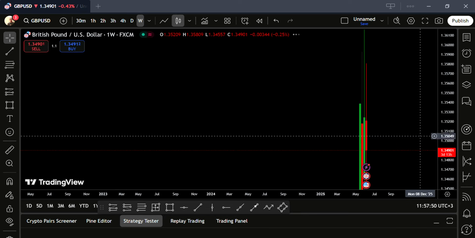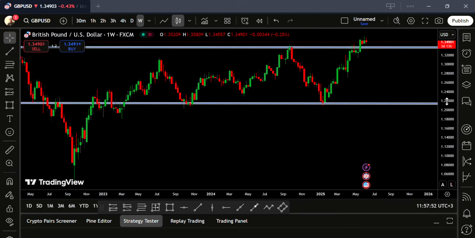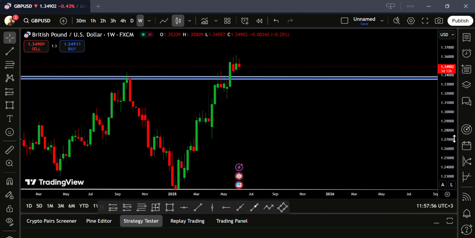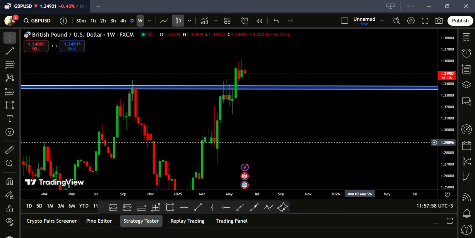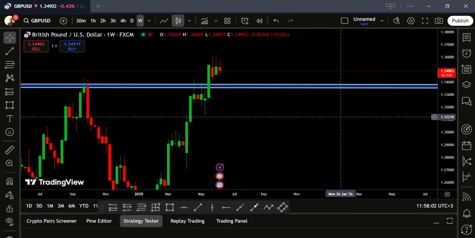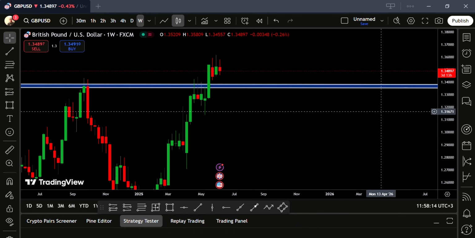We said we start with the weekly, and this is a trade that is already in play. However, I did not enter this trade, because I marked my zones well but I went somewhere. So when I came back, price had already tapped into my zone and it is rejecting beautifully. The only way I would be looking into entering this trade is when price comes back to my zone.